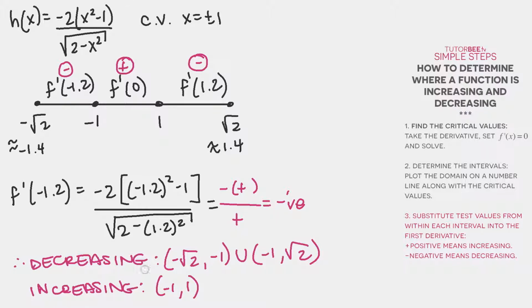One could argue that, because we have endpoints, we can say that it is also increasing or decreasing at negative root 2 and root 2, but that's not really important. You could keep it as a round bracket or a square bracket there.